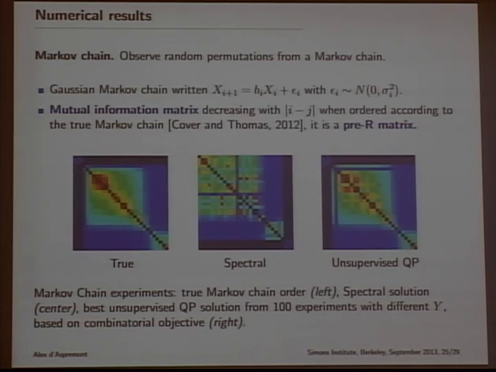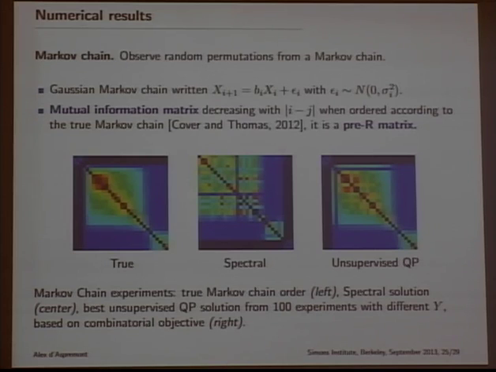It's called the data processing inequality or something like that. It's in Cover and Thomas. And that means that the mutual information matrix in our case is a pre-R matrix, meaning that there's a permutation of it which recovers the correct chronology, which turns out to have this nice R property, okay?